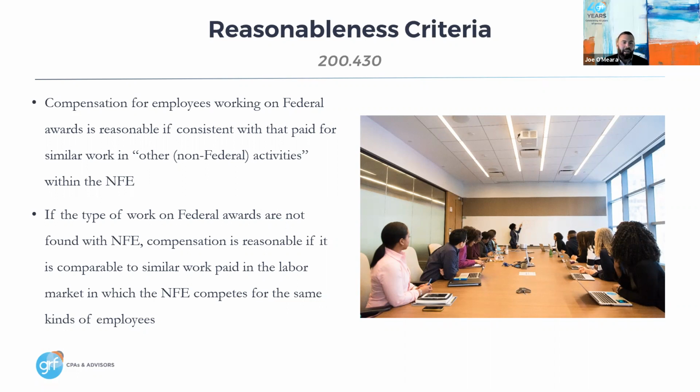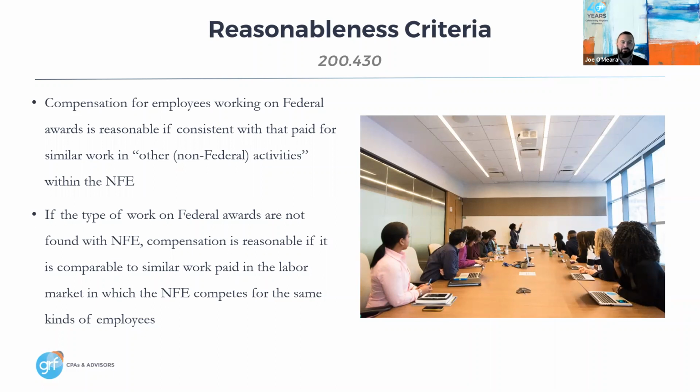And if you don't have anything similar within the organization to the activities you're doing on the federal award, then the regulations would expect that you've done some sort of analysis, some sort of research into the labor market for that type of activity, and you're paying salary costs that are consistent with what the labor market would pay for similar services.